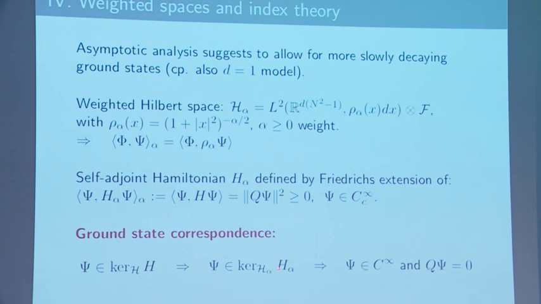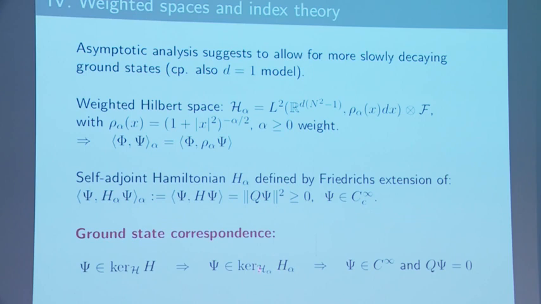So it will also be in that space, and because it's a zero eigenfunction, it's annihilated by Q. So it's indeed also annihilated on this side. So any ground state of the original problem is also a ground state of the weighted problem.